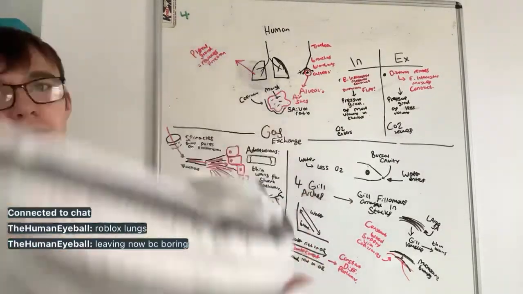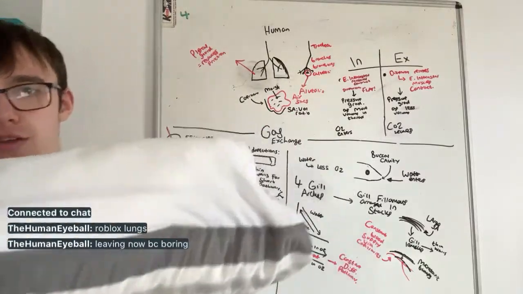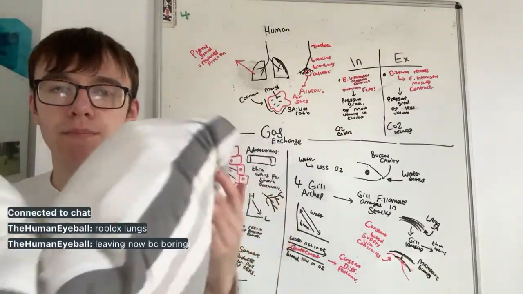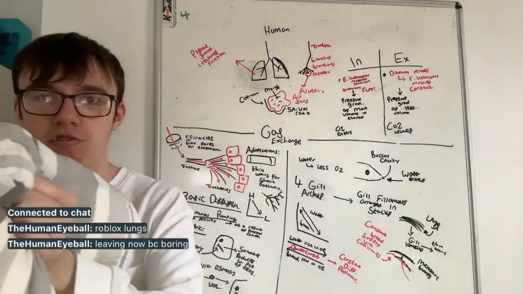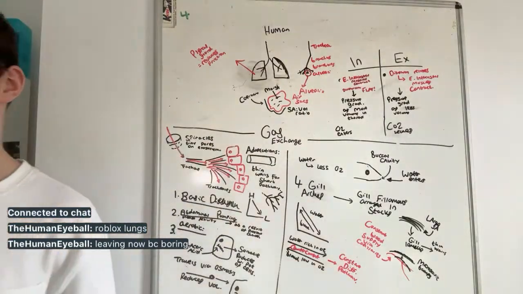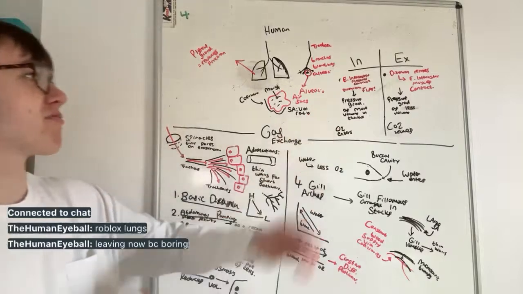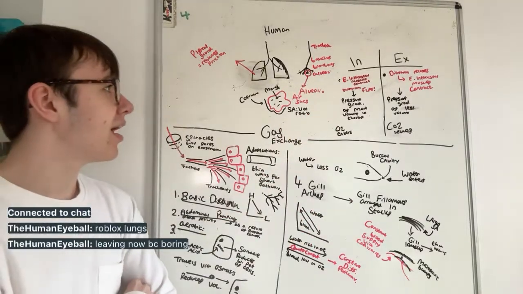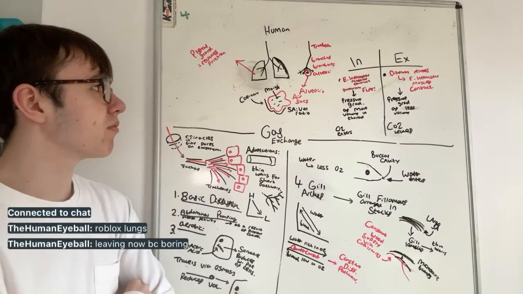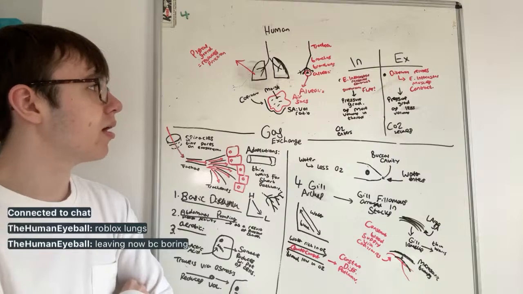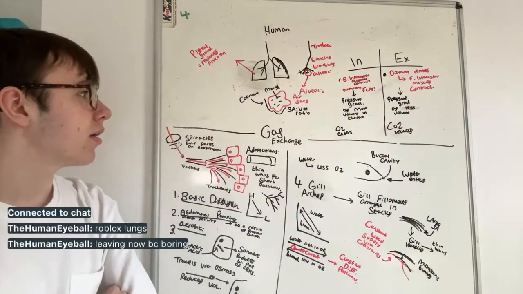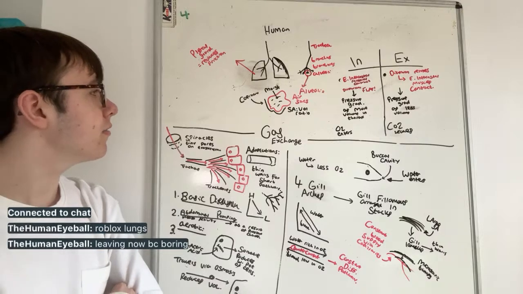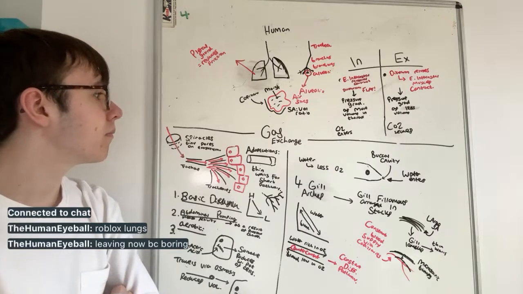Then during expiration, it relaxes back to its regular state. And obviously, that is a much larger volume than when it's squished up. Remember a pillow for inspiration and expiration. And your intercostal muscles will either contract a lot or contract slightly. I think we've done everything there.